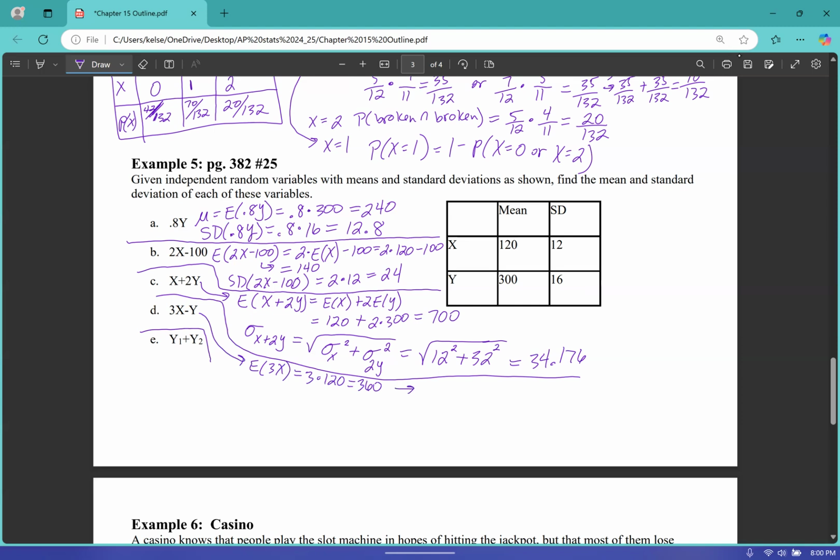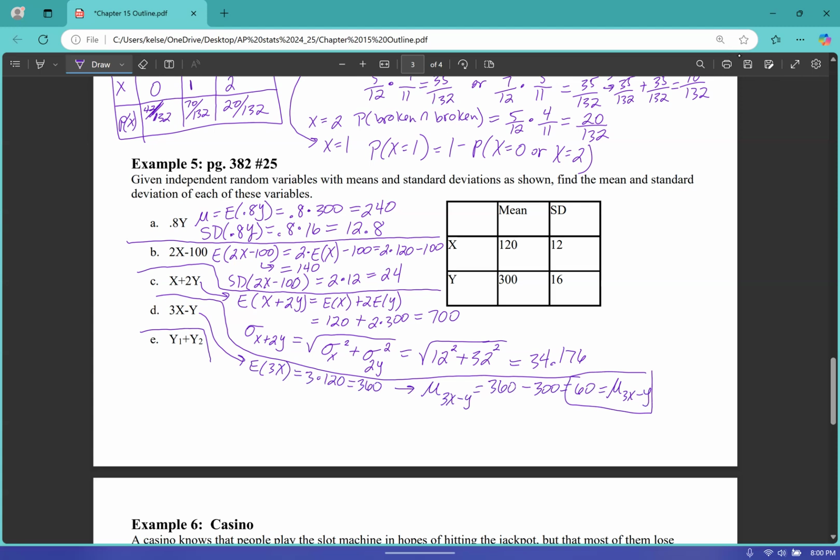So the mean of 3x minus y is 360, which is the expected value for our 3x, minus our expected value for y, which is 300. So 360 minus 300 is 60, and that's going to be your mean of 3x minus y.